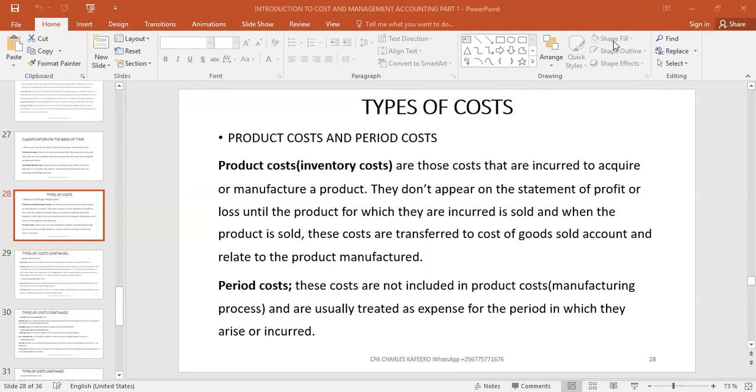But we don't include them when we are trying to look for the value of stock or the goods produced. And that's the difference. The other ones are treated as a product cost. These ones are treated as normal operating costs, which are supposed to be deducted from the income statement.